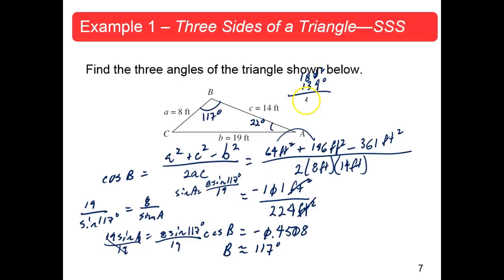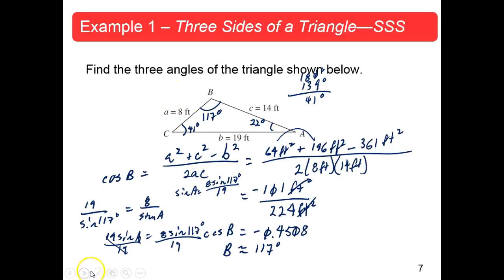And you get 41 degrees, we think. Okay? Now, does that make sense? Well, the side over here is greater than 8, so you hope this angle is greater than that. It is, but it's less than 19, so it should be less than 117. It is. Qualitatively, you're in the right ballpark. Let's see how we did quantitatively.